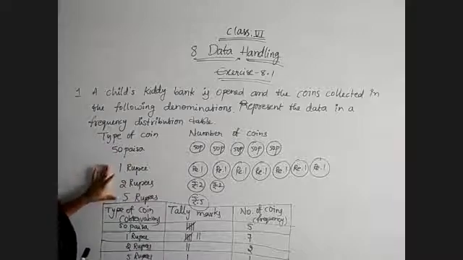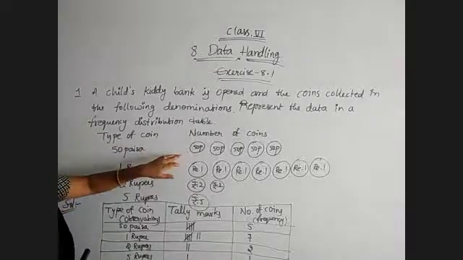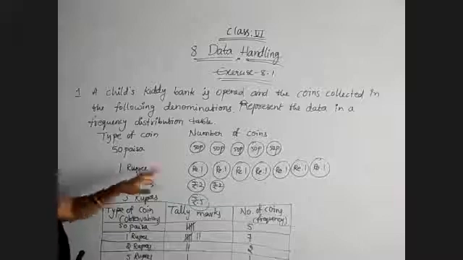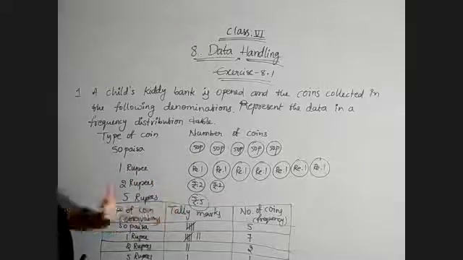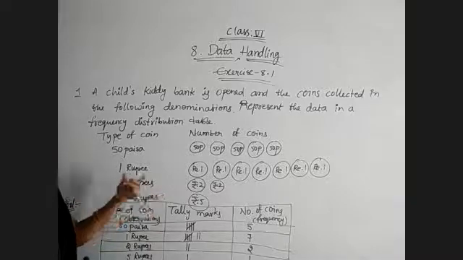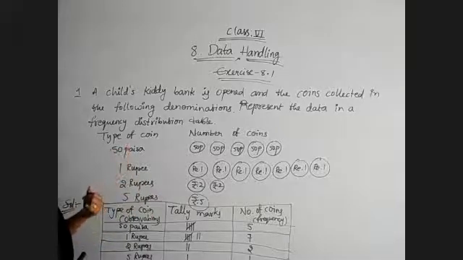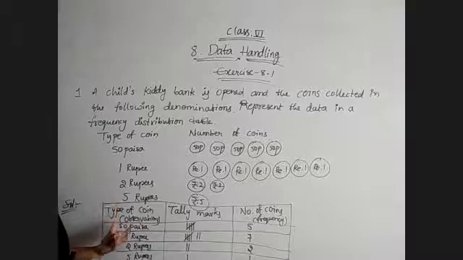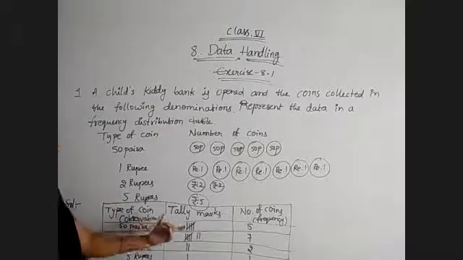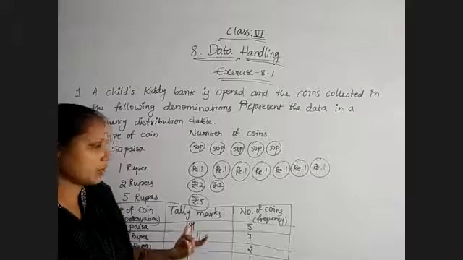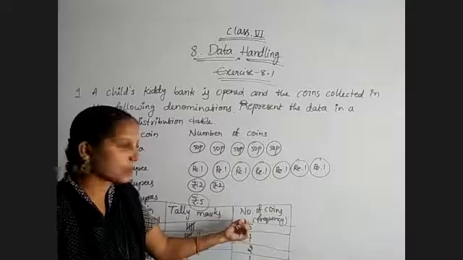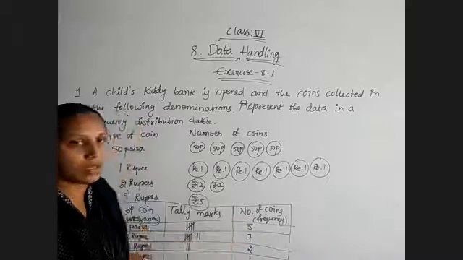All these are observations. 50 paisa coins we have 5, 1 rupee coins 7, 2 rupees coins 2, 5 rupees coins only 1. So that information we need to represent using frequency distribution table. Here type of coin represents observation and tally marks we need to use to represent the data, and number of coins represents frequency. That's all. Okay.